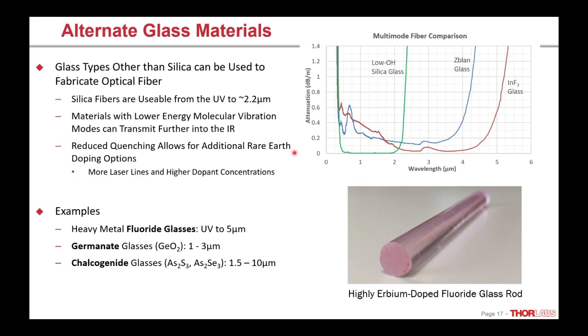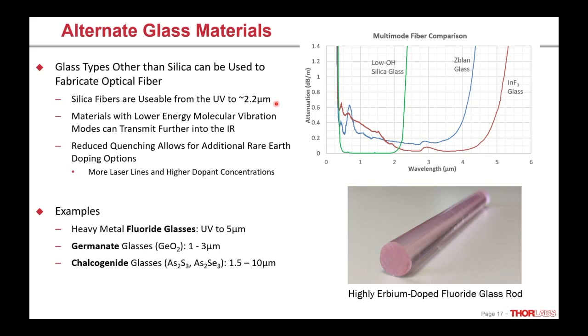Silica fibers are useful in the UV, I'm going to say like 250 nanometers, 300 nanometers, depending on the fiber type, out to about 2.2 microns, and that's really what the material can support. Beyond this, we have multi-phonon absorption. Vibrational modes in the glass matrix are going to absorb the light.